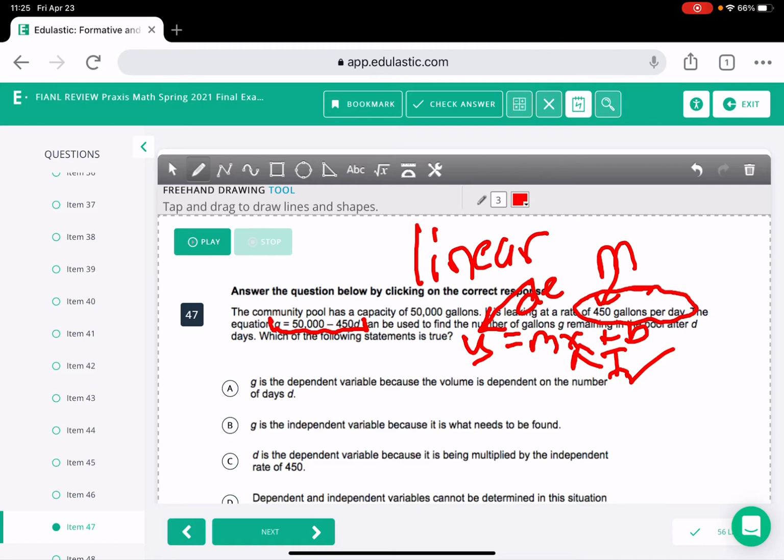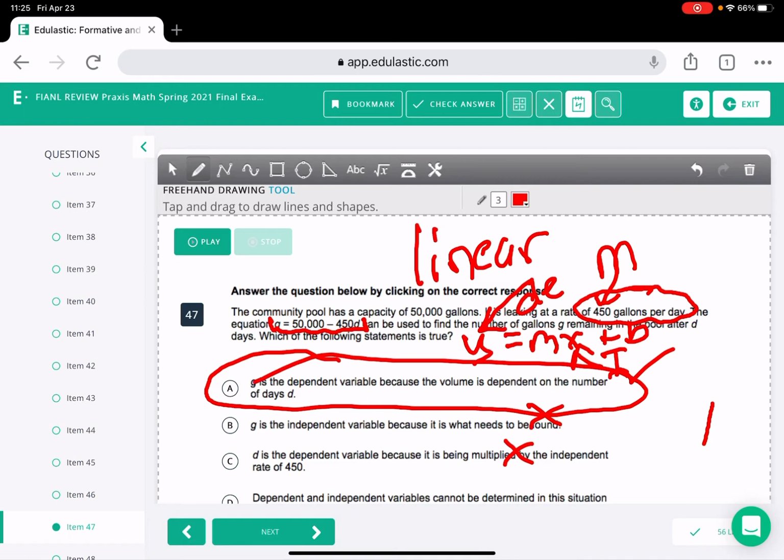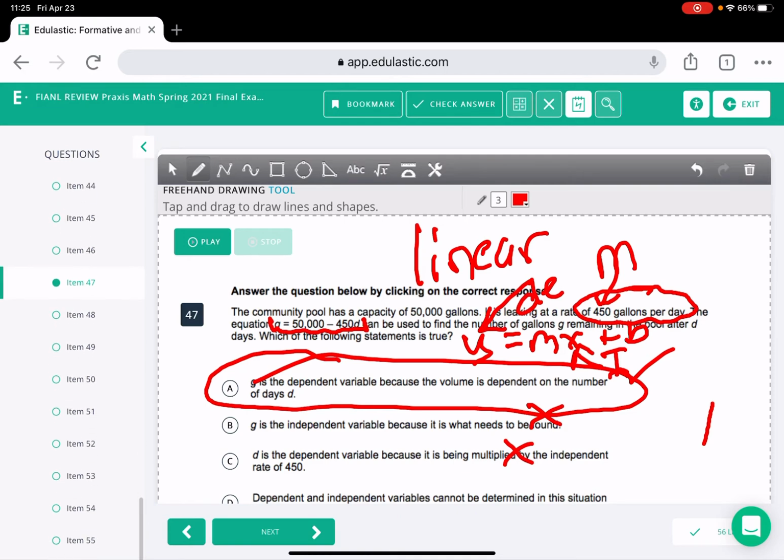G is independent, not true. D is dependent, not true. D is the x, it's the independent. And if you go through the rest of them, they're all going to be untrue, because this is the one that's true. Okay, the next one is number 49.